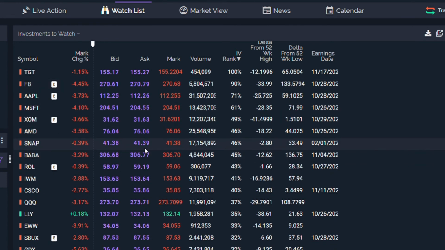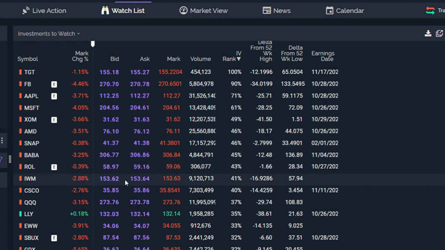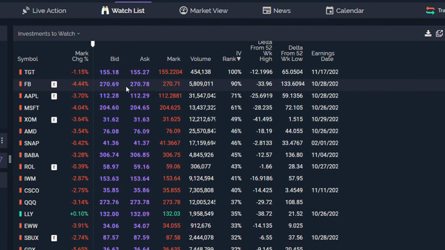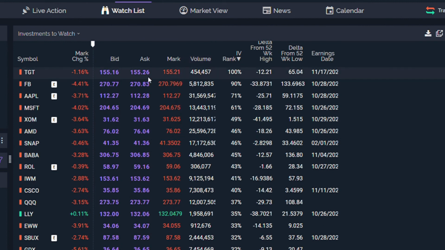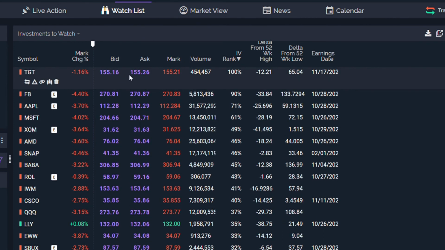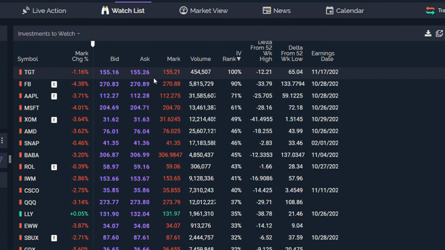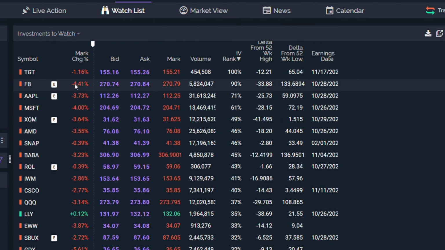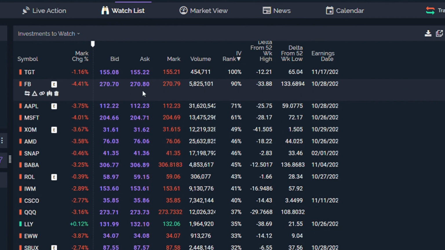And you just take a look at all the spreads. That's a good indicator of liquidity, because the more volume, the more liquidity it has, the lower the spread is. But at a time like right now, with the stock market going down, spreads might be a little wider.